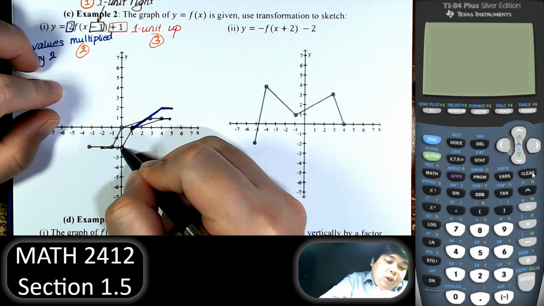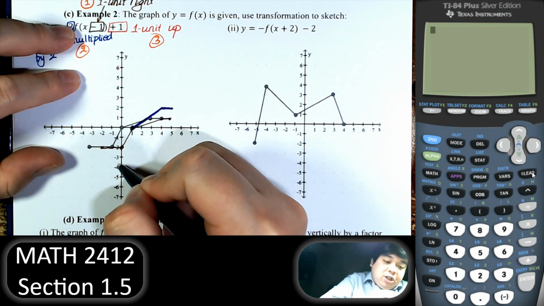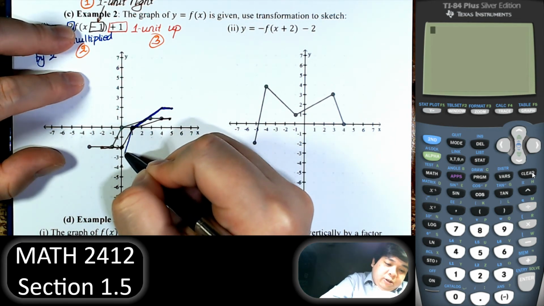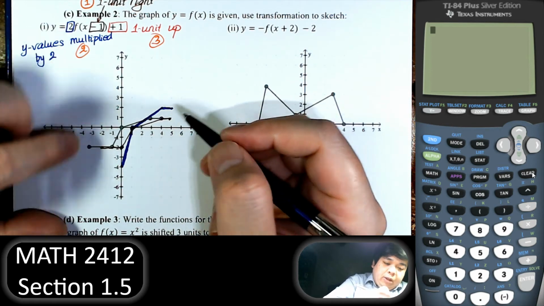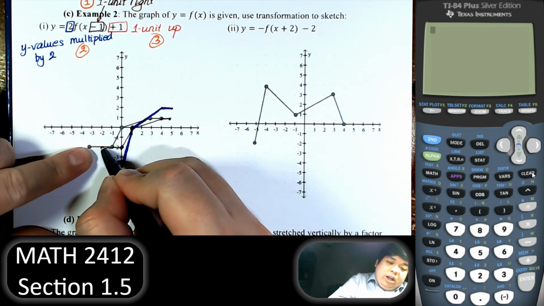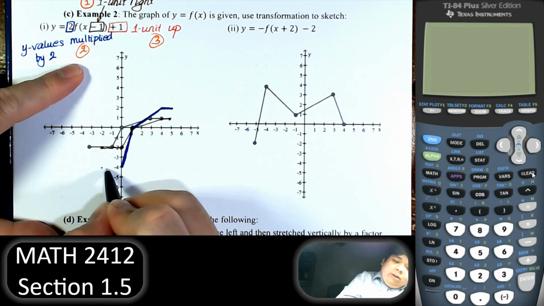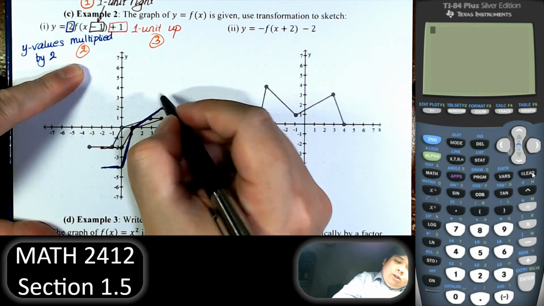Here, the y value is negative 2 multiplied by 2, it becomes negative 4. And then this point negative 2, so that's what we have. So this is the second.